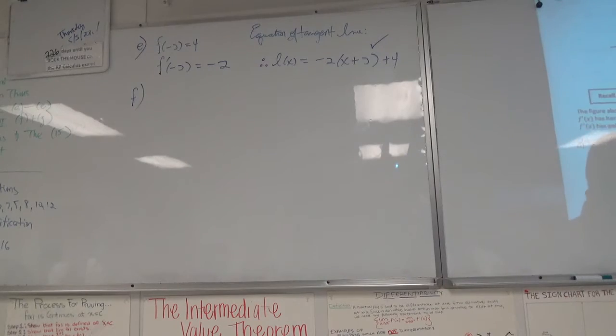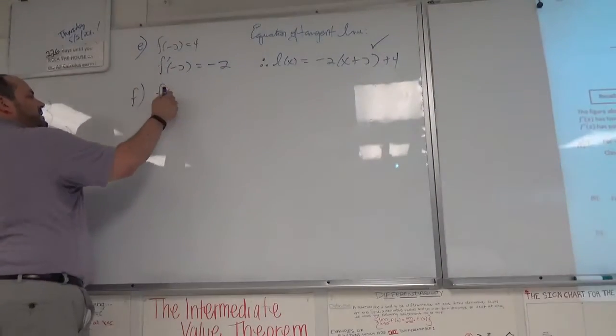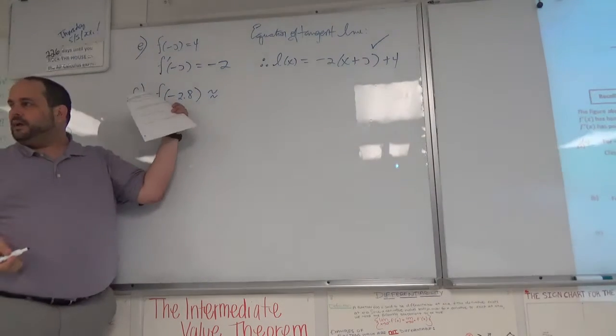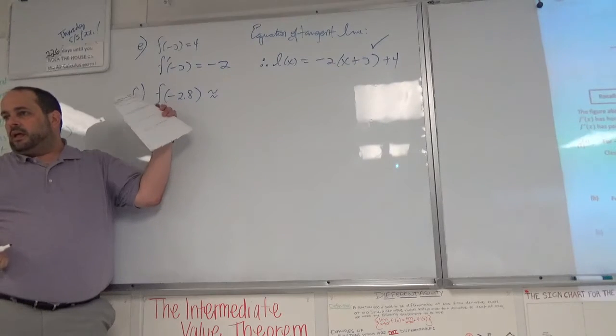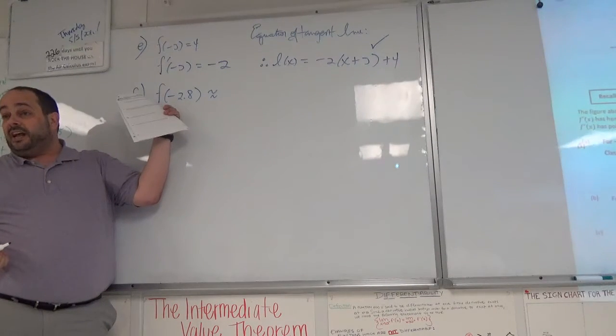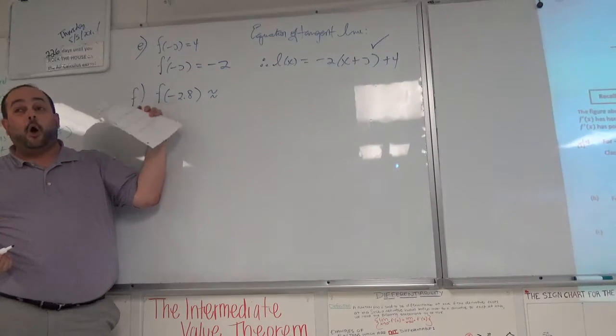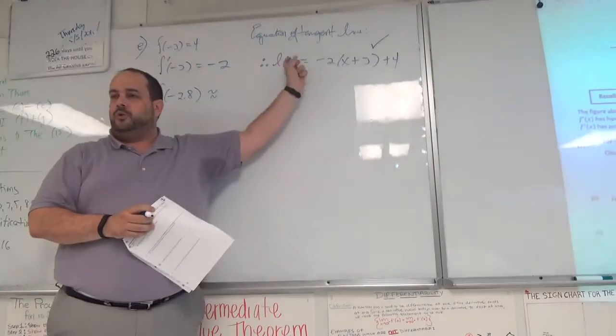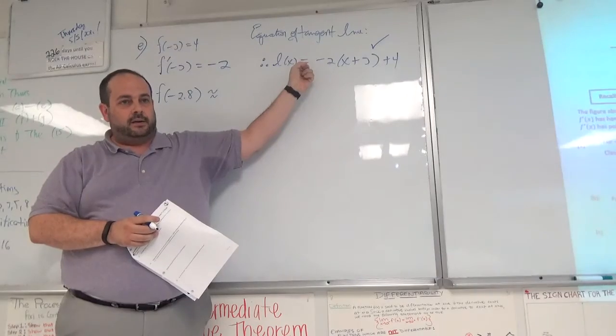The only thing that you're going to do, if you want to estimate f of negative 2.8, is the only thing I need you to do. How am I going to estimate f of negative 2.8? Don't round it up. Oh my gosh, it's the same thing all the time. To find f of negative 2.8, all you do is plug it in. You go to your tangent line.